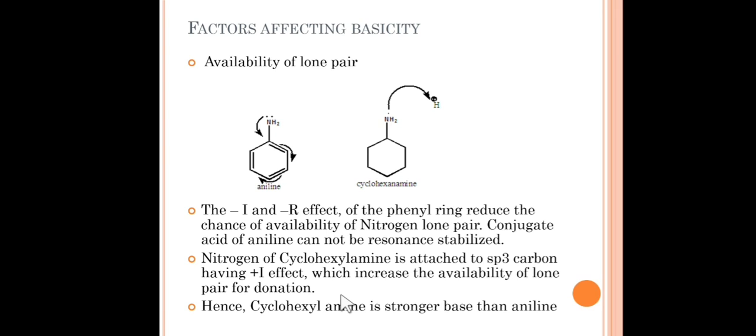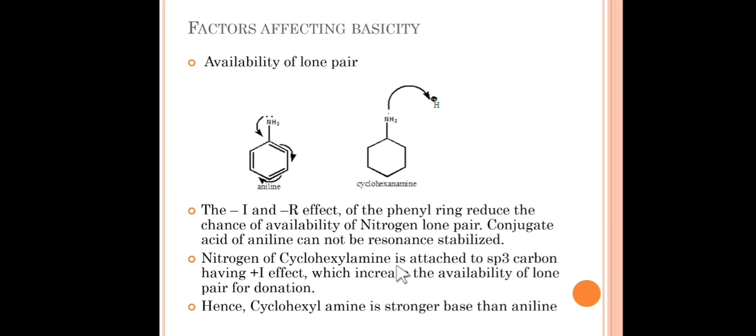Hence cyclohexylamine will be the stronger base than aniline. If we consider the conjugate acids of aniline and cyclohexylamine, the conjugate acid of aniline cannot be resonance stabilized, whereas the conjugate acid of cyclohexylamine is stabilized by the plus I effect of these two sp3 carbons.